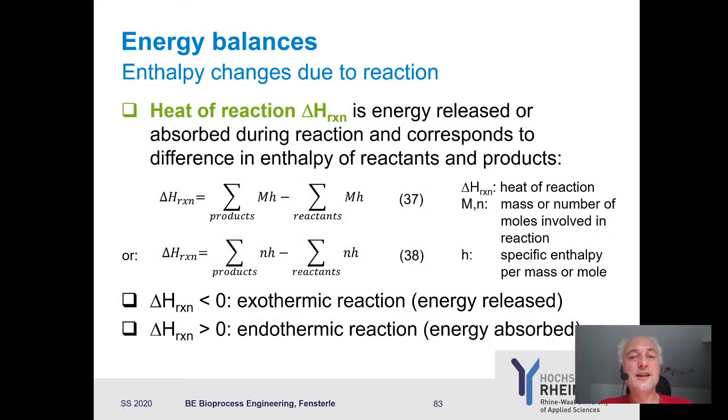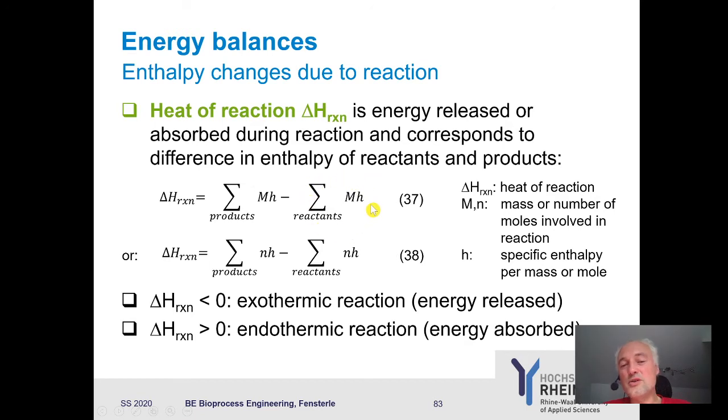So the heat of reaction, this is something you already know from thermodynamics. The heat of reaction is equal to the sum of the specific enthalpies of the products minus the sum of the specific enthalpies of the reactants.